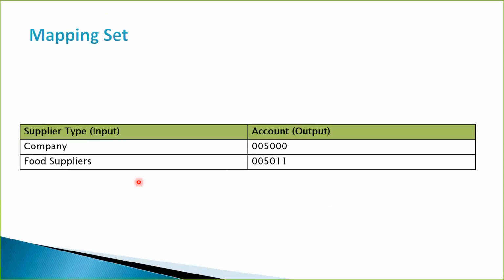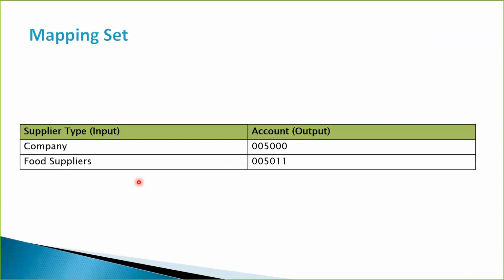So this is just a representation of what we are going to try to achieve. In our mapping set, we are going to base it just like our conditions on supplier type.